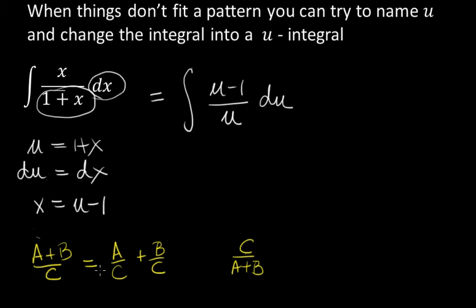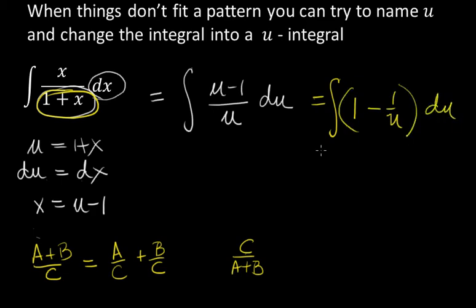So the advantage is naming the denominator as u, which gives us one term in the bottom, and possibly, as in this case, we can split using the numerator. u over u is 1, minus 1 over u. So we have the integral of 1 minus 1 over u du, which we can integrate term by term.